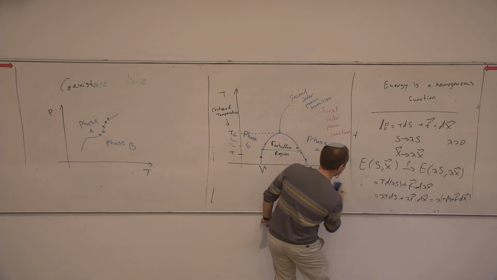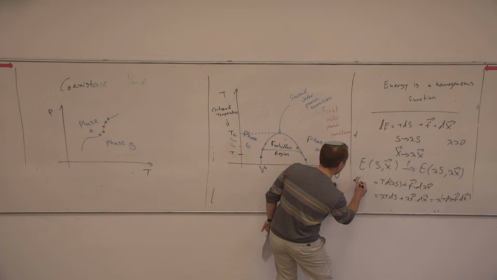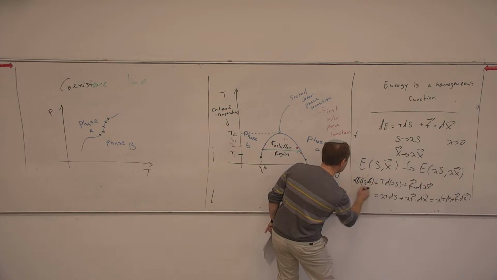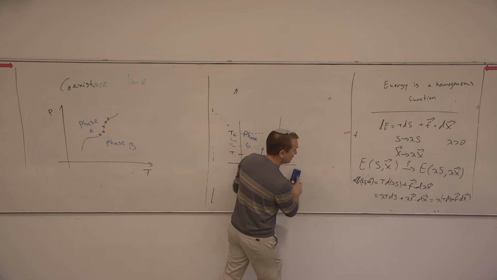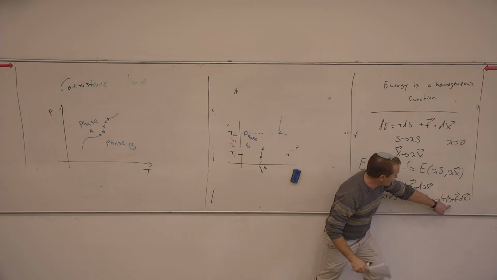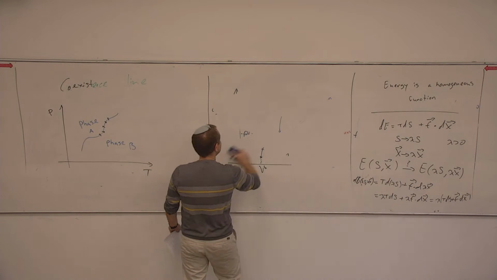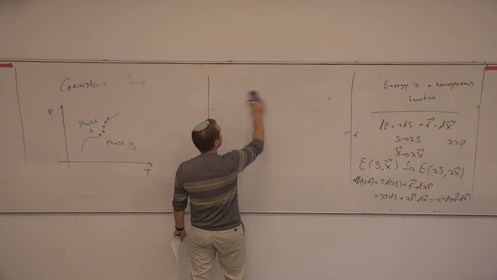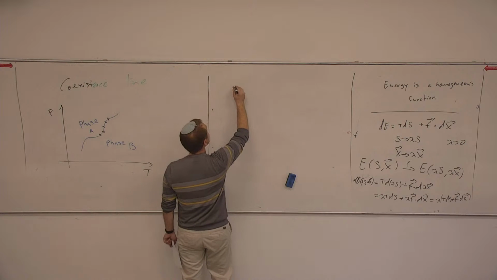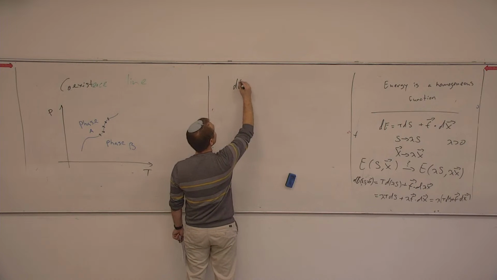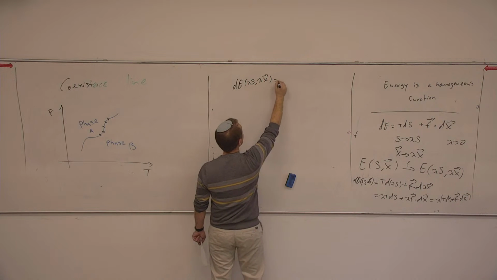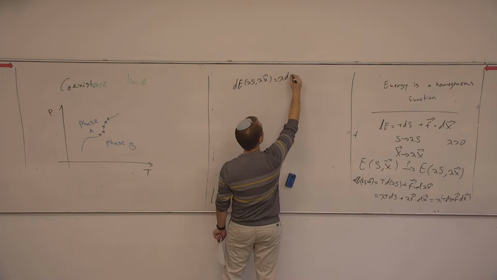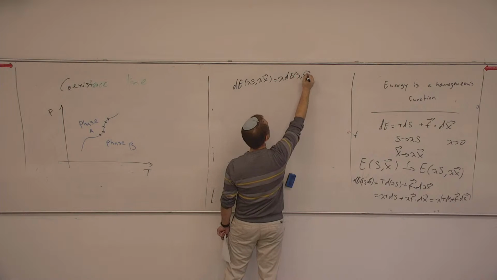So let's write it down. This is d of E(lambda S, lambda X), and this is lambda multiplied by dE. So we have d of E(lambda S, lambda X) equals lambda d E(S, X).